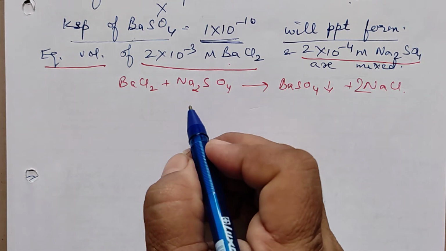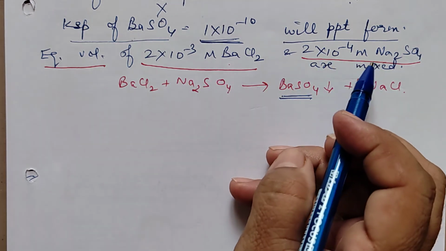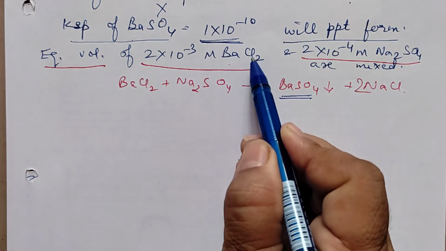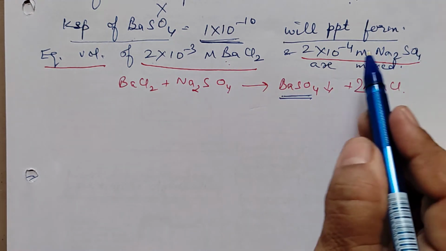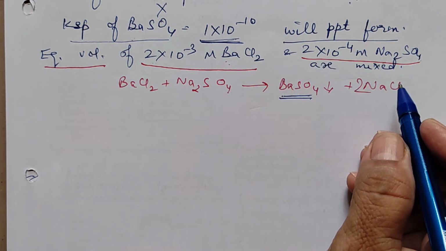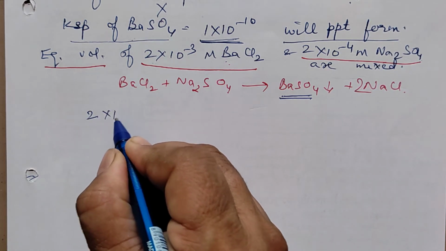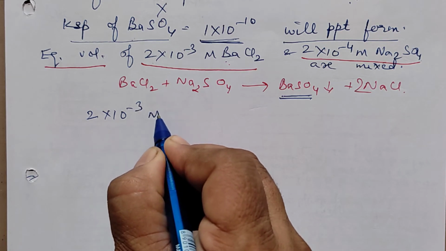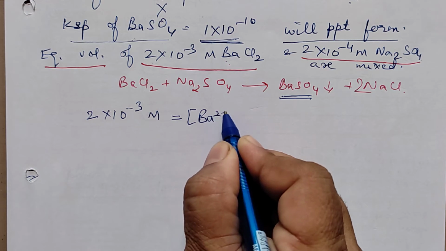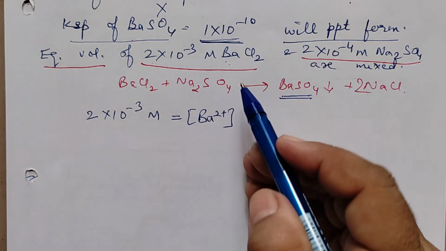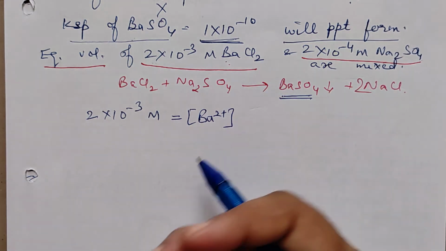Now just see here. In barium sulfate, when you are mixing barium chloride and sodium sulfate, from barium chloride you are getting the concentration of barium, and from sodium sulfate you are getting the concentration of sulfate. That means we can say 2 into 10 to the power minus 3 molar is also the concentration of barium ion, because barium chloride is strong, it will dissociate completely.